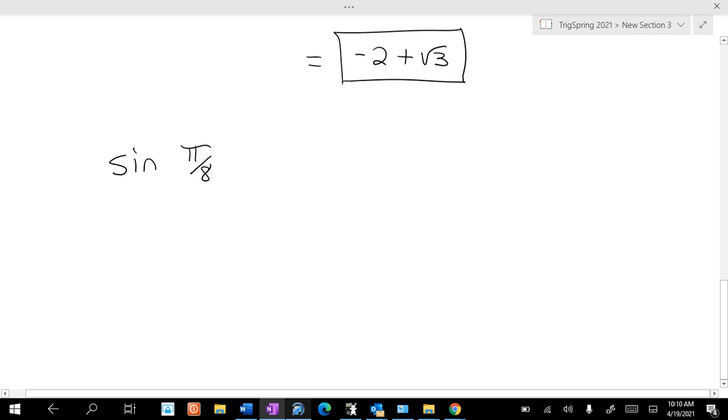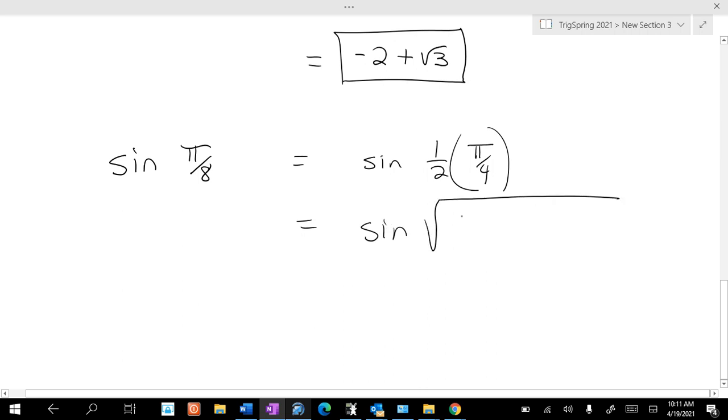The sine of pi over 8. That's the sine of 1/2 of pi over 4. Which quadrant is pi over 8 in? 1. So it's the sine of the square root of 1 minus the cosine of pi over 4 all over 2, right?